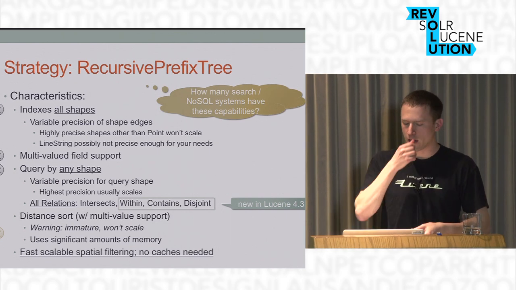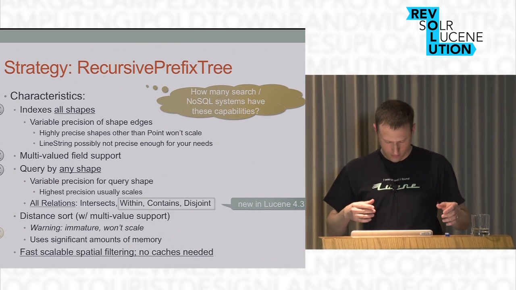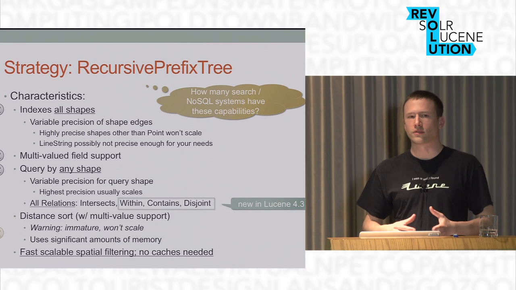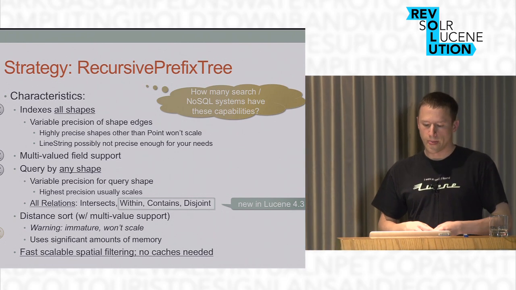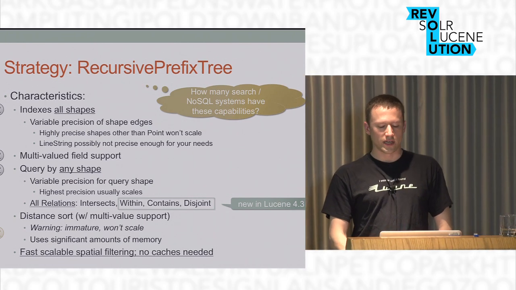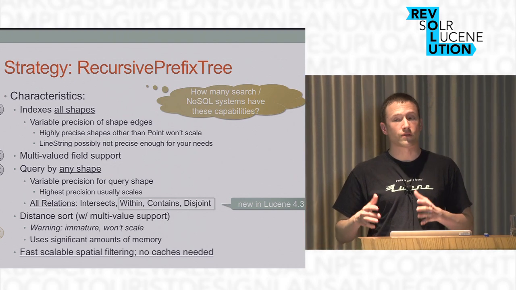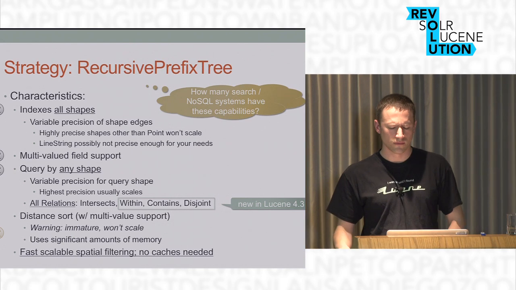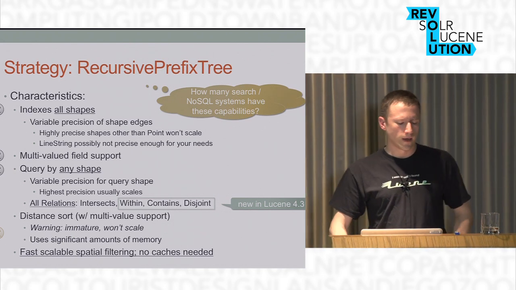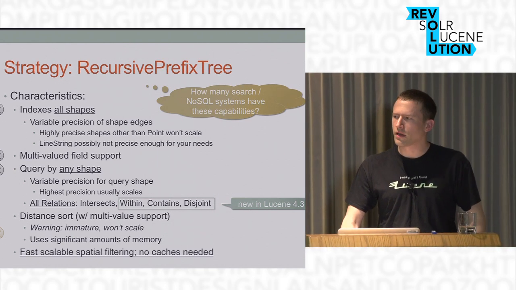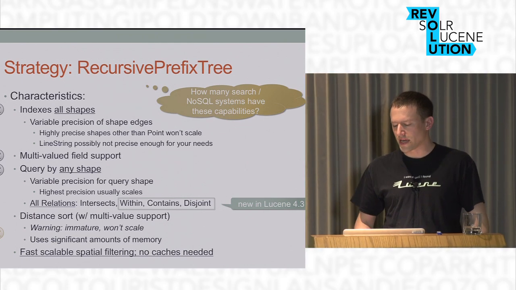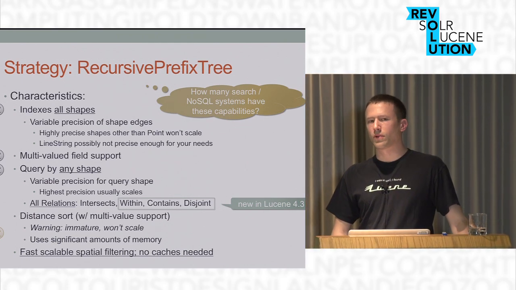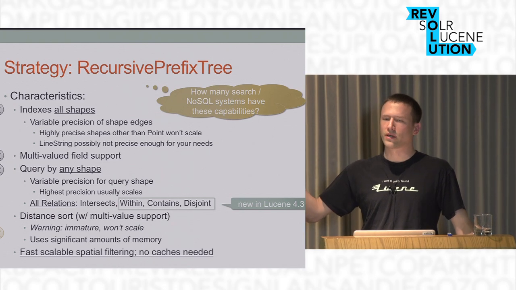The bottom line for this is that it's really fast, scalable spatial filtering. With the exception of distance sorting, for just filtering, it doesn't need any caches. It doesn't need any special memory caches to do that job. And I was talking with Ryan. I don't think there's any other search platform or NoSQL platform that has these kinds of advanced spatial features.